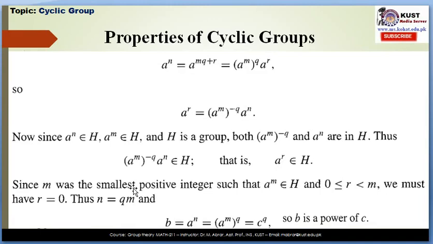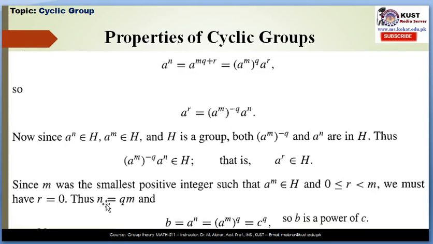Okay, but we assumed that m was the smallest positive integer for which a^m goes to H, because here by the division algorithm this r was less than m, so the only possibility left is that this r must be 0.